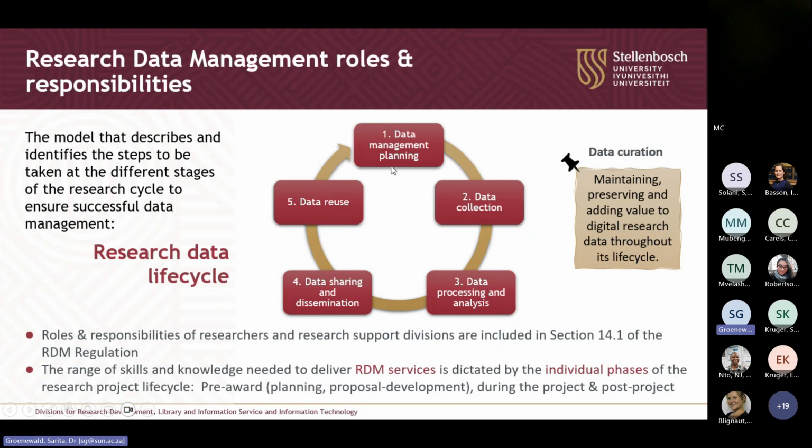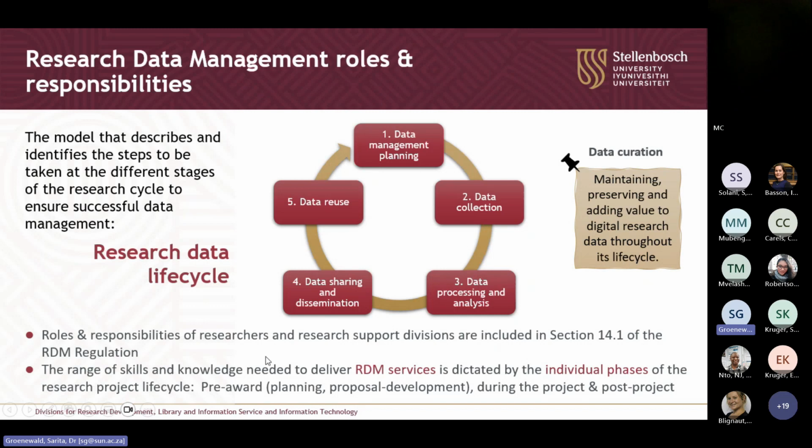It starts with data management planning. The second phase or stage is data collection, then data processing and analysis, 4 will be data sharing and dissemination, and then reuse, and then the cycle starts again. Data curation takes place throughout the entire life cycle, and that will include the maintenance, preservation, and adding value to the digital research data throughout the process.